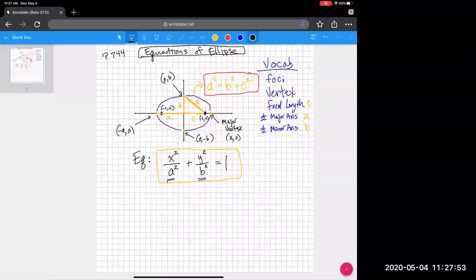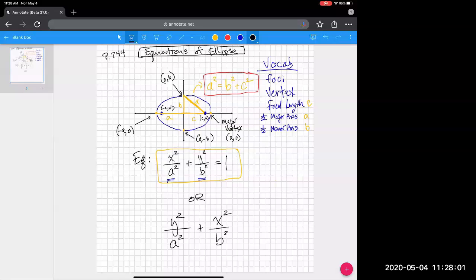So you could have y squared over a squared plus x squared over b squared if it's bigger vertically. So then you'd have something like this, where you had foci this way.